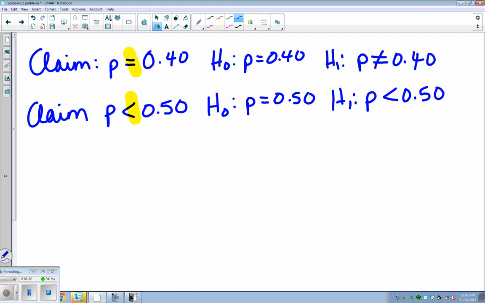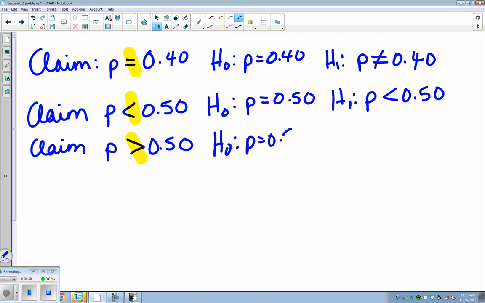How about if we said a claim was that more than half? If I said more than half, is there any equality there? No. But my null hypothesis still has to have equality.